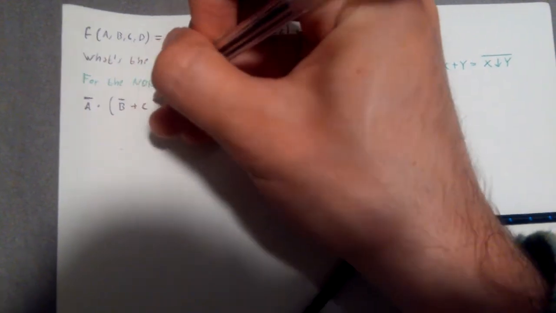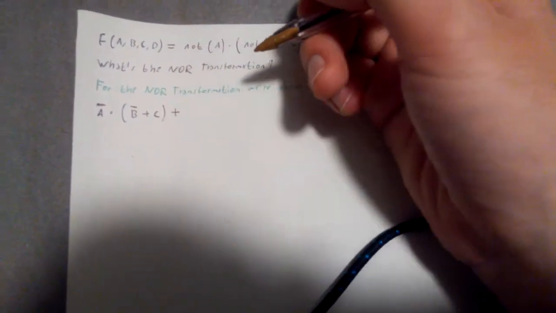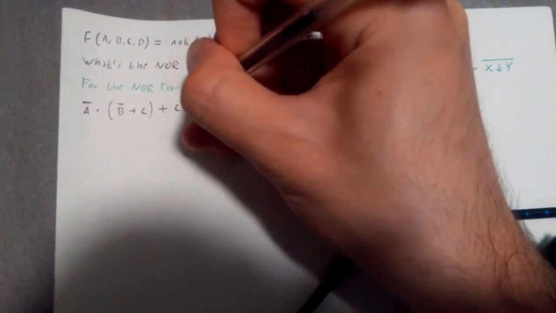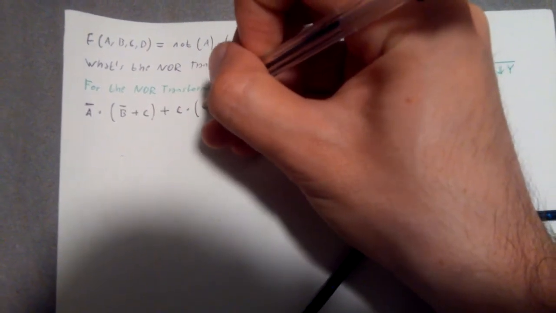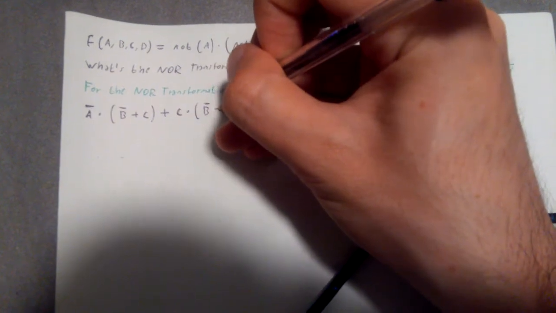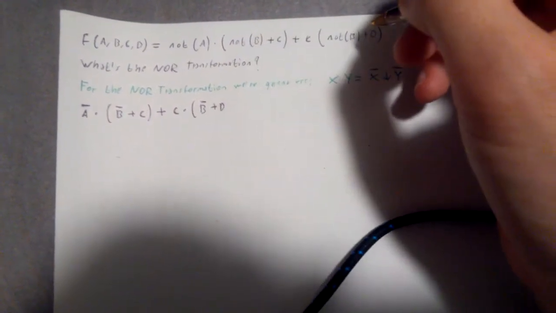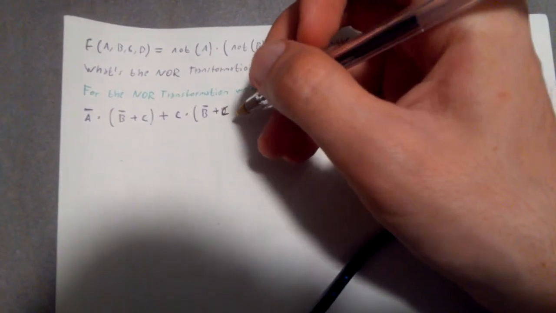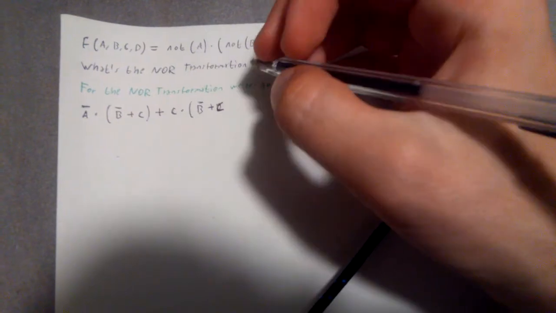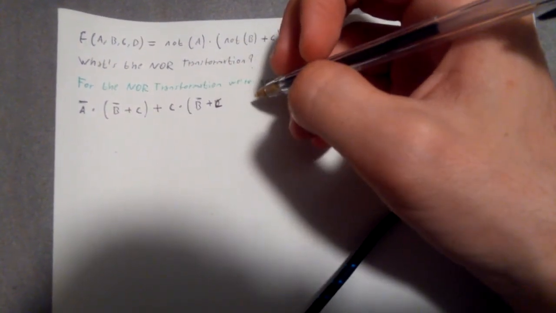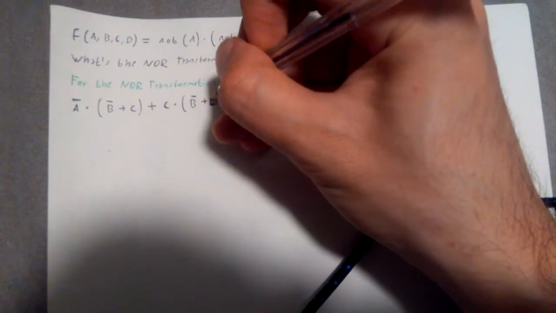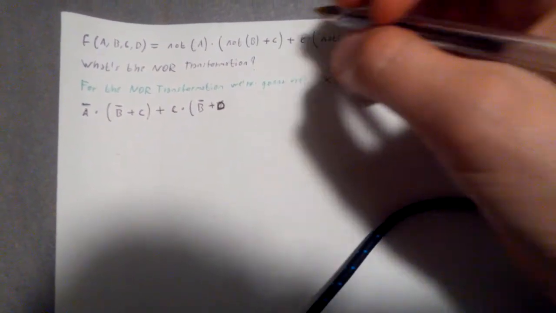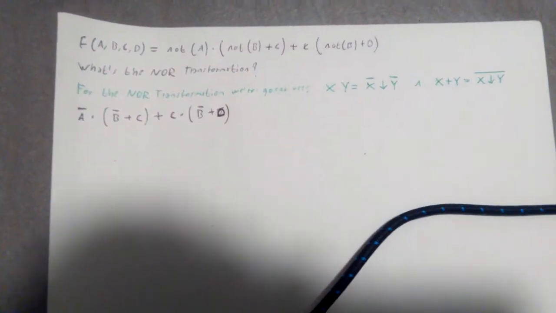So not A times not B plus C, plus C times not B plus D. Okay, so from here we're going to start.